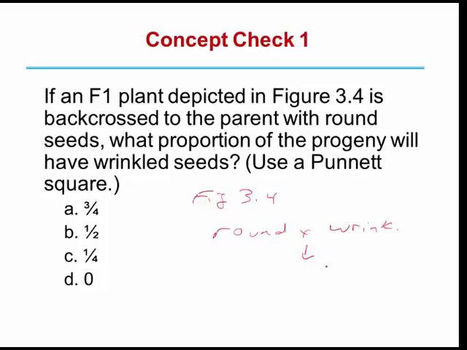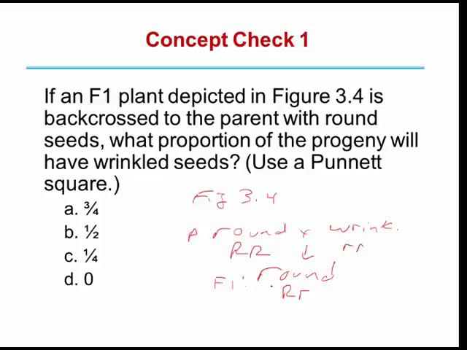And we get the F1, all round. So that tells us that round is dominant and wrinkled is recessive, and the F1s, these are the parents, the F1s are all heterozygous.